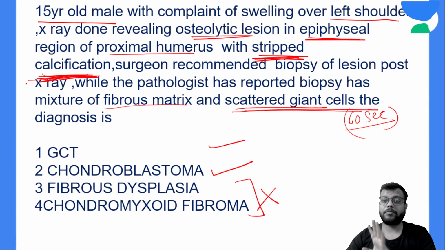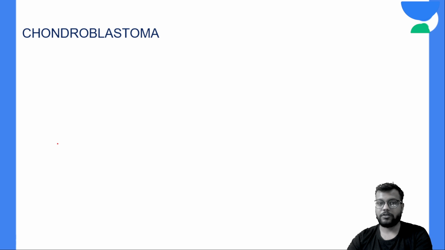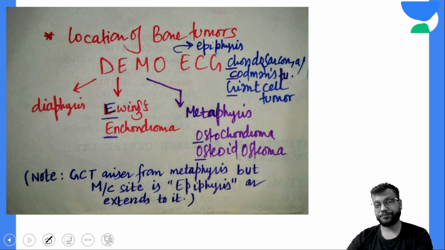Sorry, in GCT you will never have stripped calcification or the periosteal reaction. So the GCT is not the answer. The answer is your chondroblastoma. Okay, the answer is chondroblastoma.